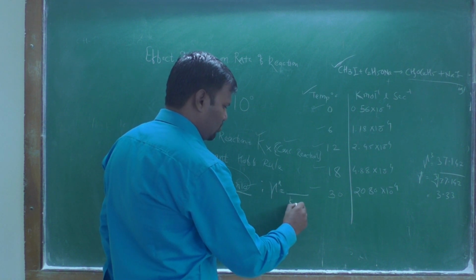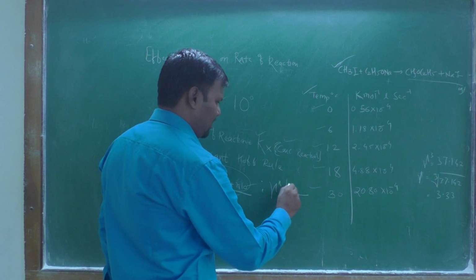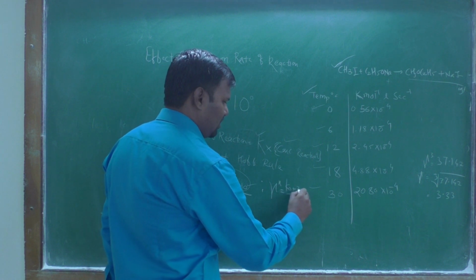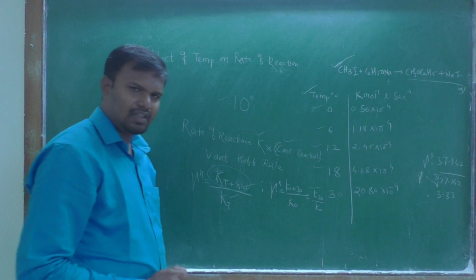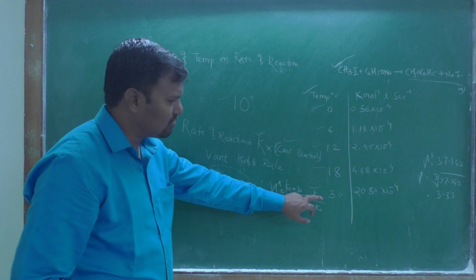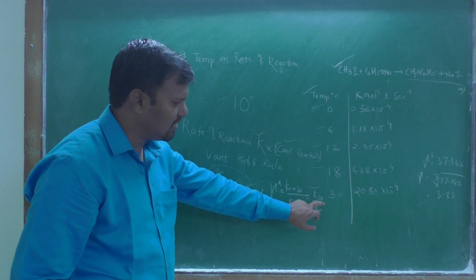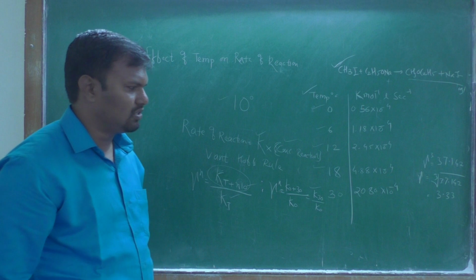Suppose, for the sake of convenience, we take k at 0 and k at 0 plus 30, therefore k at 30 and k at 0: the rate constant at 30 degrees Celsius and the rate constant at 0 degrees Celsius.